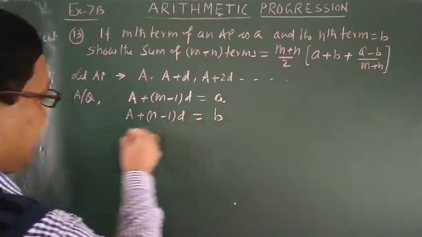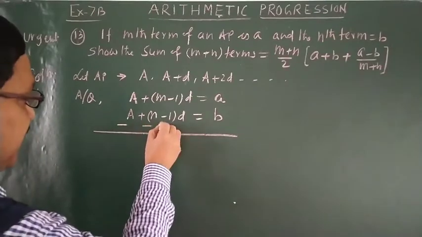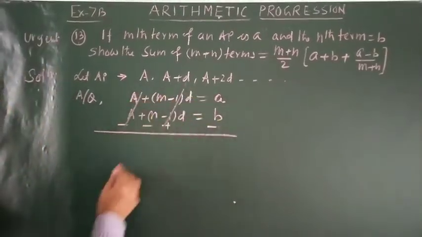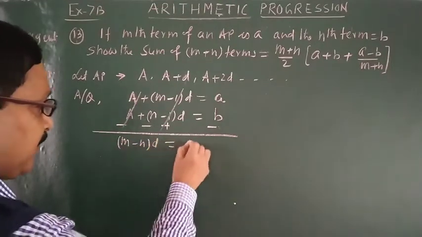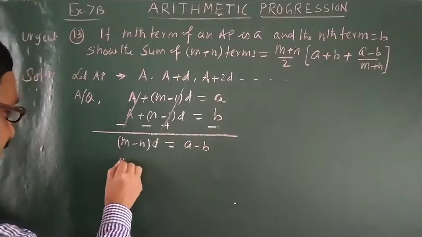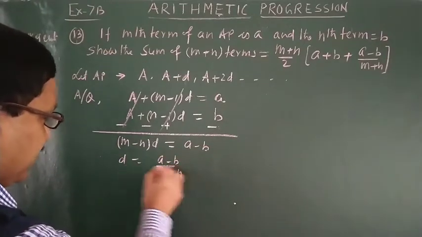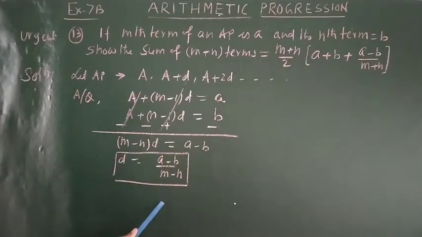This is a small b. On subtracting, 1 cancels, A cancels. So this is (m minus n)d is equal to a minus b. So d is equal to (a minus b) by (m minus n). So this is the value of the common difference.